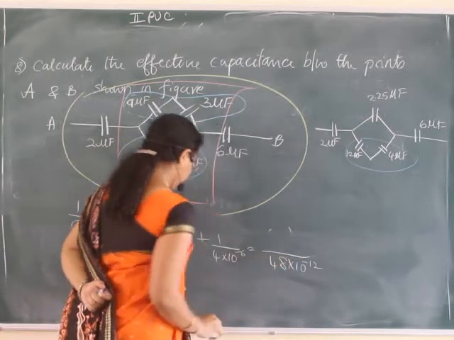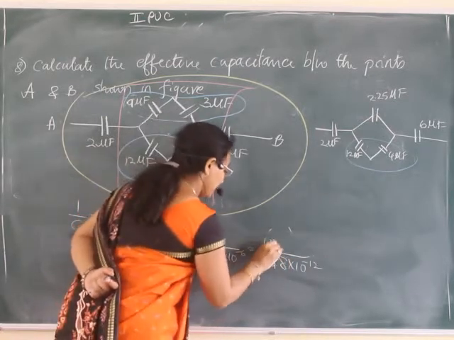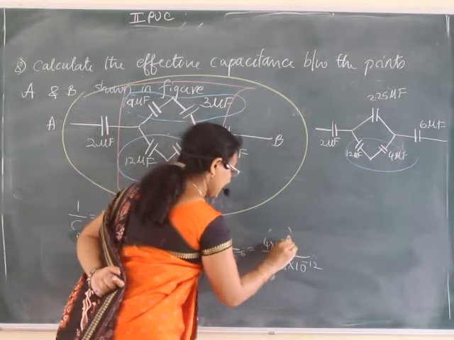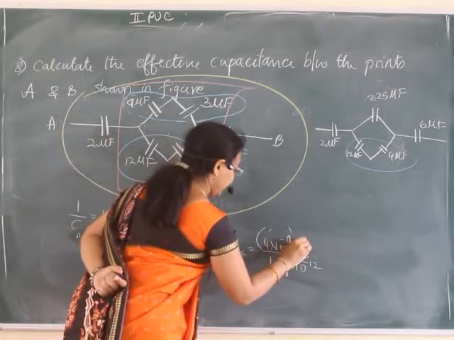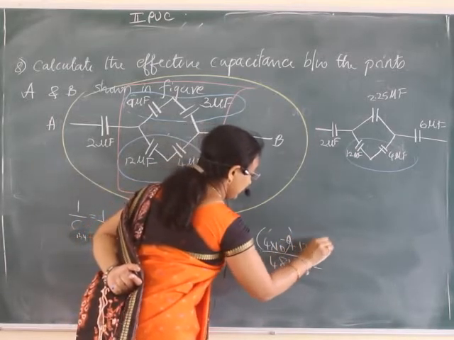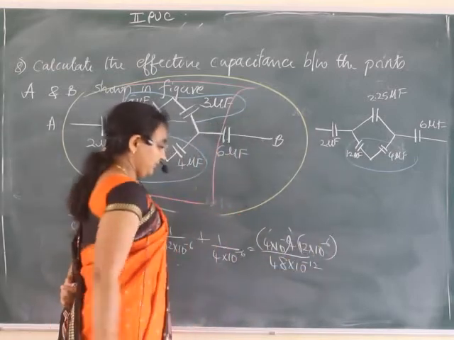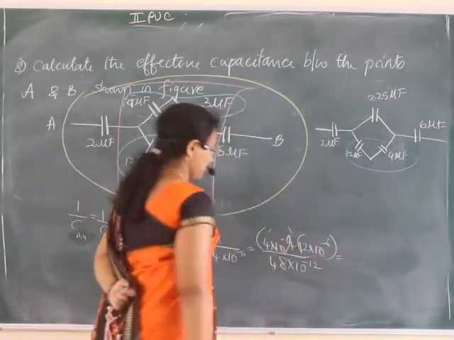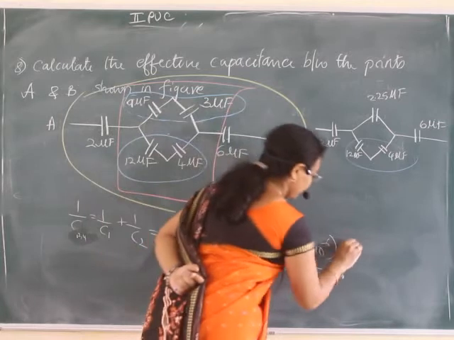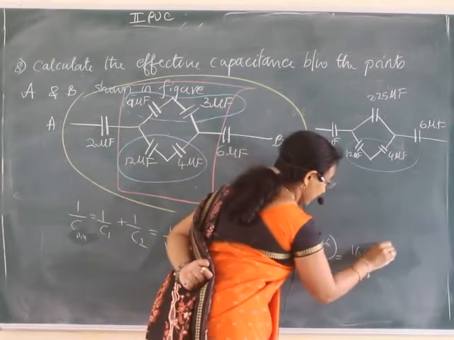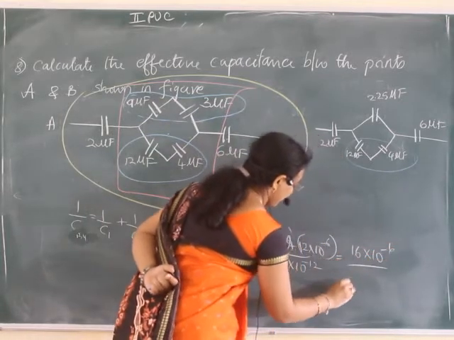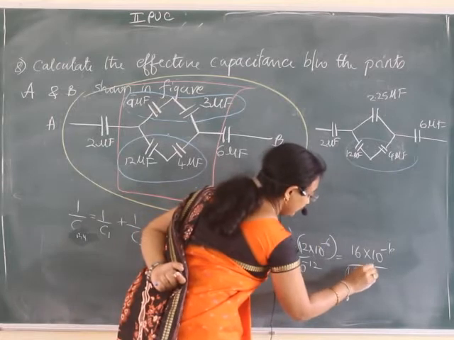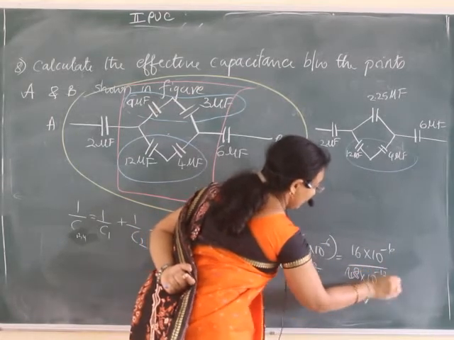So we'll get 4 into 10 to the power minus 6 plus 12 into 10 to the power minus 6, so 12 plus 4, 16 into 10 to the power minus 6 divided by 48 into 10 to the power minus 12.